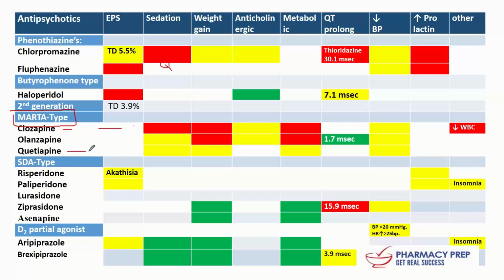Quetiapine especially can cause much sedation, therefore the dose has to be gradually titrated in some cases. So all you have to know here is the cue for this type of drugs such as clozapine and olanzapine: it is always a good idea to give them at bedtime, just mark it as QHS.